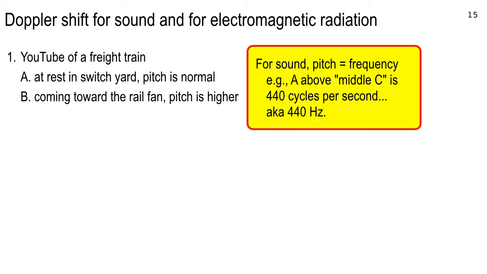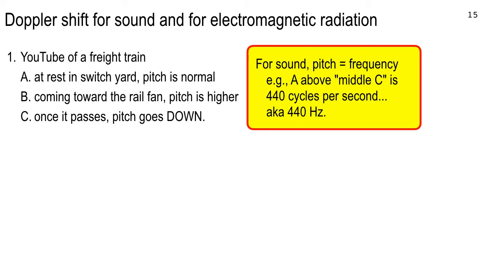Now, if the train is coming toward you, you hear a higher pitch. So when we were looking at that YouTube, we were actually listening to the higher pitch because the train was coming toward the cameraman. Right? Similarly, once it passes the cameraman, now it's moving away from him, and that's when we heard the pitch go down by a note or two.